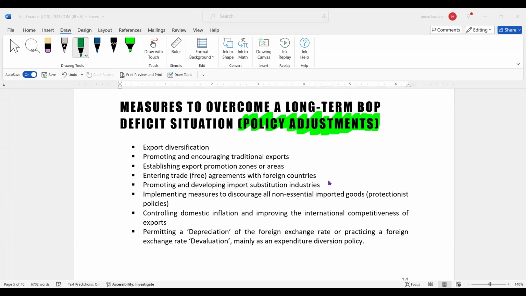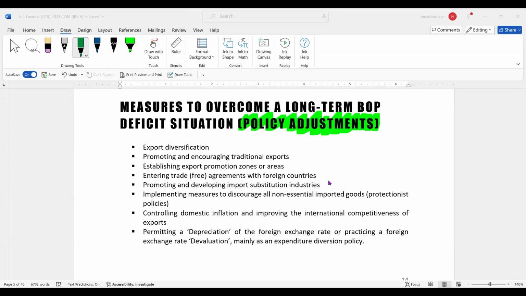So then, promoting and encouraging traditional exports. Now, sometimes when we keep talking about diversification, we get a bit carried away and we ignore the already established brand names we have like Ceylon tea and Sri Lankan apparels and all that.